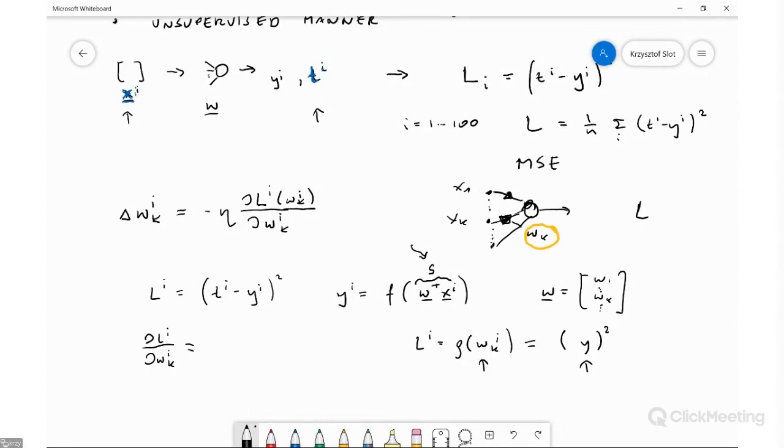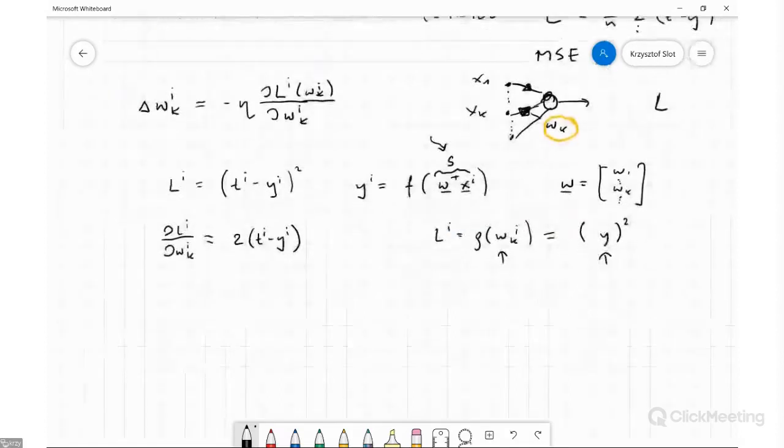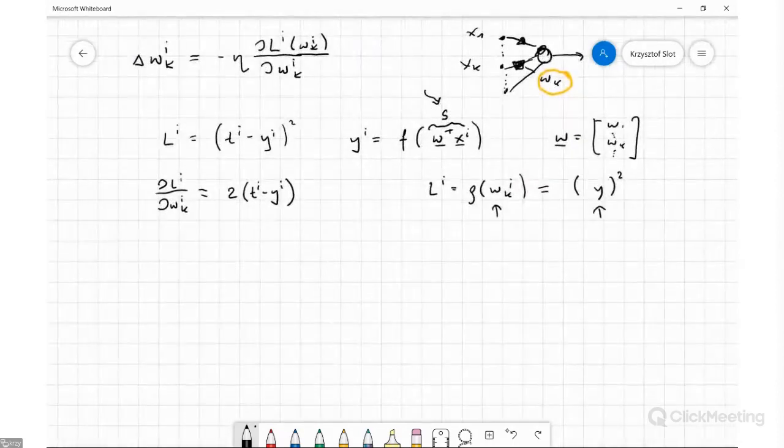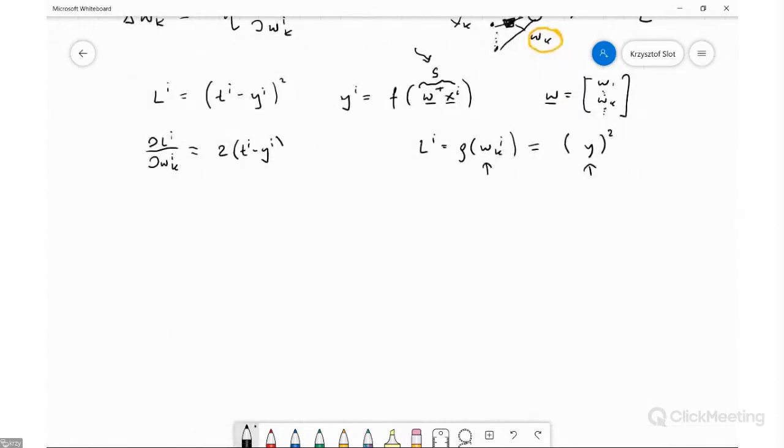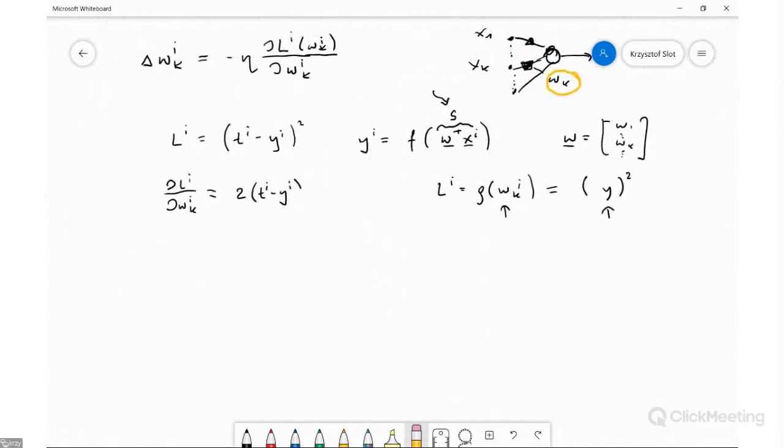So I have a composition, and I can say that the product is just a derivative of this external function times. So if I would like to make it more clear, let me write it once again so that it's very clear what I would like to tell.